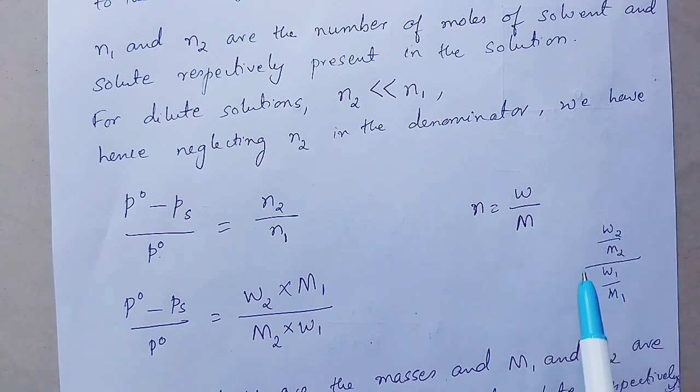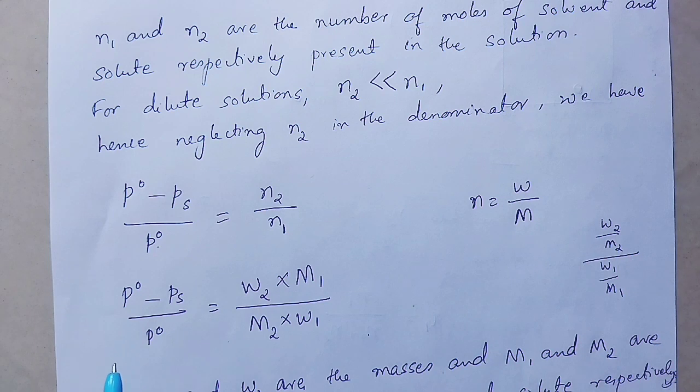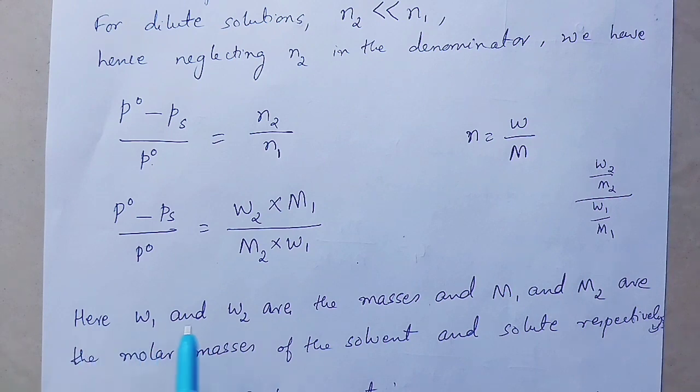This M2 comes to the denominator and this M1 goes to the numerator. So we get P0 minus Ps by P0 is equal to W2 M1 divided by M2 into W1. Here W1 and W2 are the masses of solvent and solute respectively, and M1 and M2 are molar masses of the solvent and solute respectively.